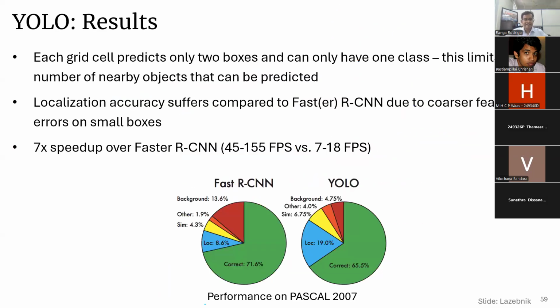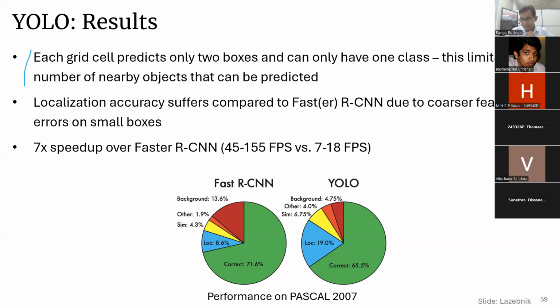Okay, these are clear, I hope. All right. Then let's briefly look at each grid cell, the outcome of YOLO results. Each grid cell predicts only two boxes and can only have one class. This limits the number of nearby objects that can be predicted. That's a limitation of YOLO. So YOLO performs poorly on small objects.